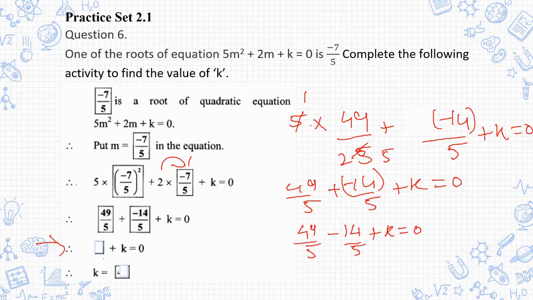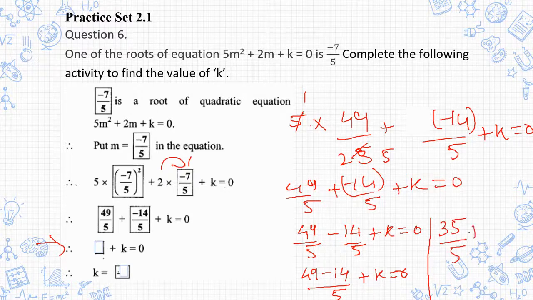So I'll have 49 minus 14 upon 5 plus k equal to 0. So 49 minus 14 is 35, so I'll have 35 upon 5 plus k equal to 0.